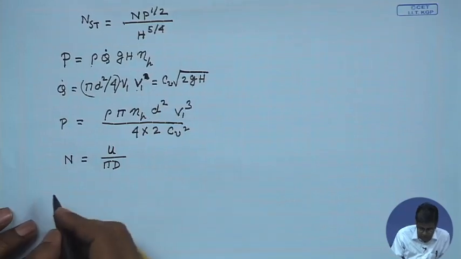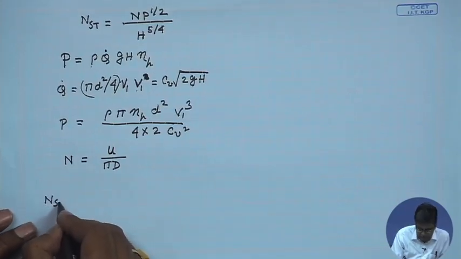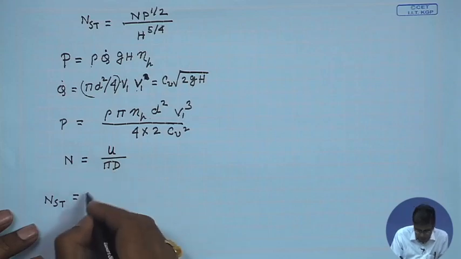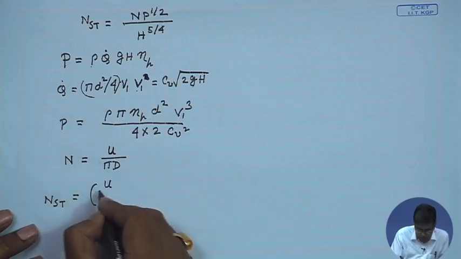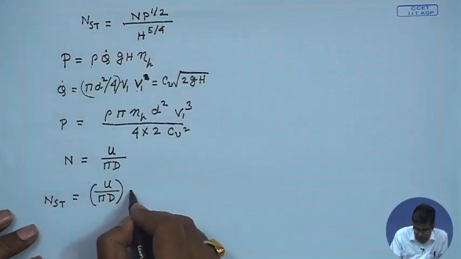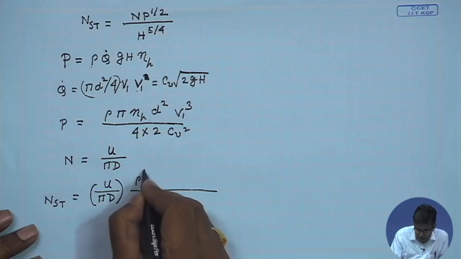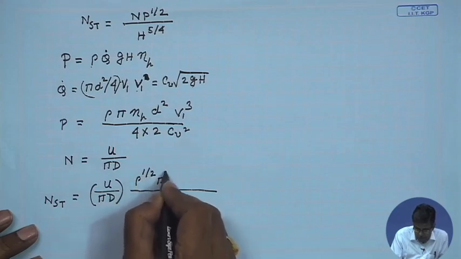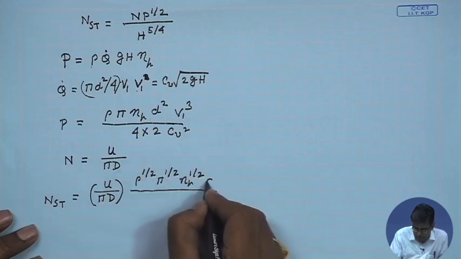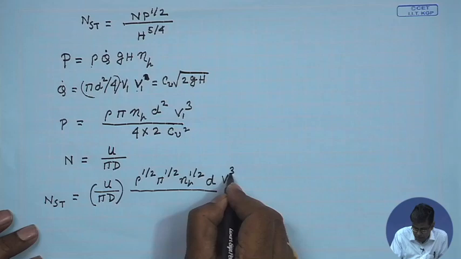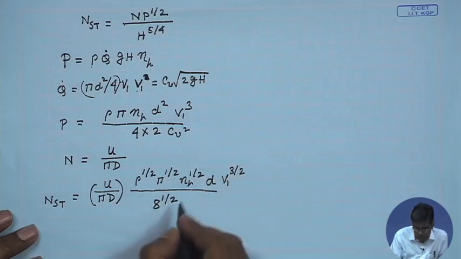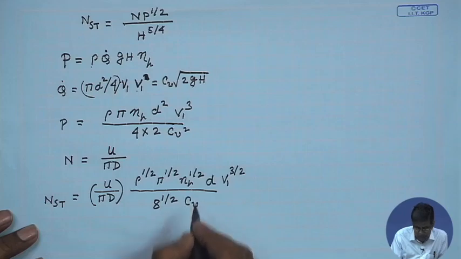We will get NS, the specific speed, is equal to n root P by H to the power 5 by 4, with n as u by pi d, then P to the power half, that means rho to the power half, pi to the power half, eta H to the power half, d V1 to the power 3 by 2, then this will be 8 to the power half, and this will be CV.